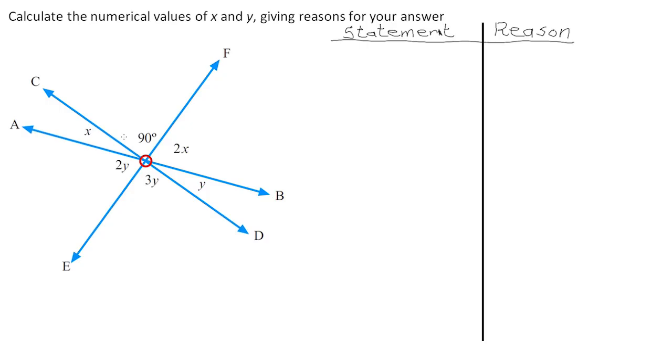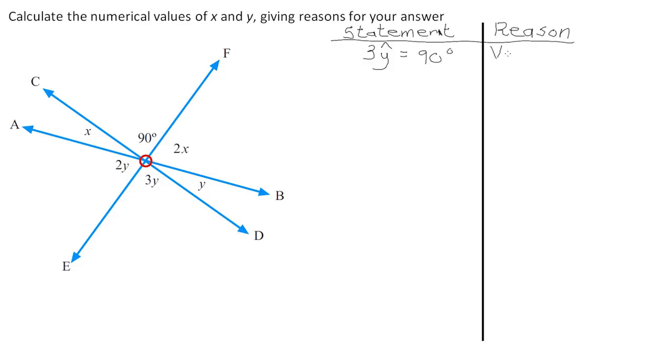And it's advisable, when you need to calculate angles, to always start with your given information. In other words, in order to solve this, we will be able to solve y first. 3y is equal to 90 degrees, and we can start with it. 3y is equal to 90 degrees. What is the reason there?